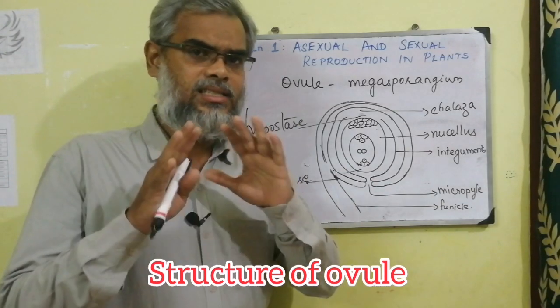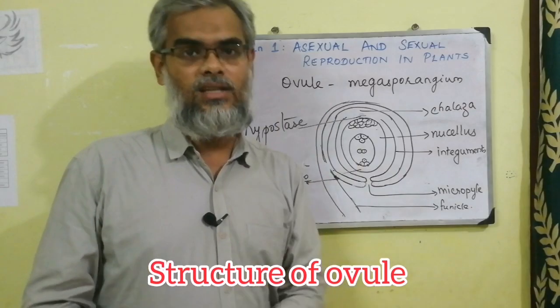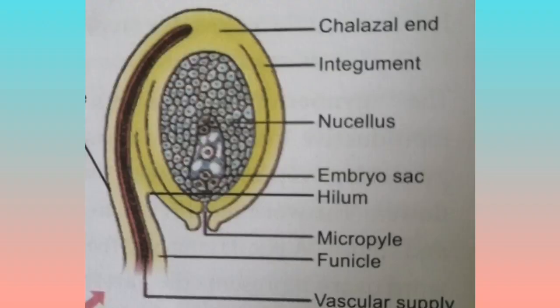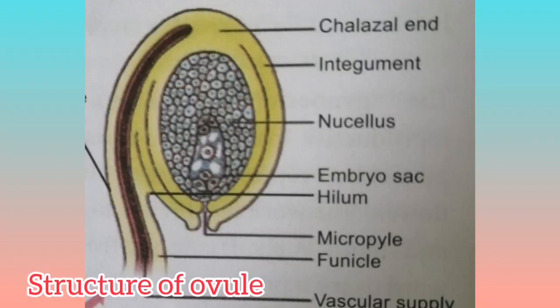Before that, let's see the picture of L.S. of ovule. The body of the ovule is made up of a central mass of parenchymatous cells called nucellus, which has large reserve food materials. Ovule is protected by 1 or 2 coverings called integuments. A mature ovule consists of a stalk and a body.